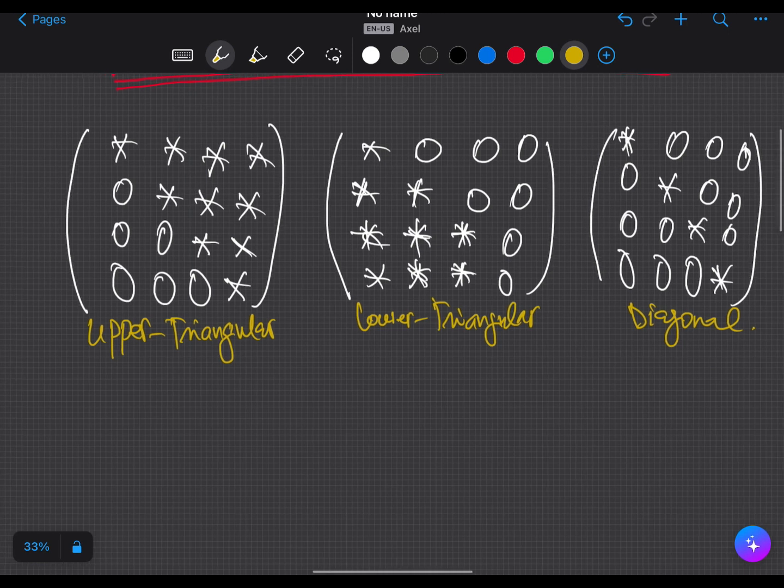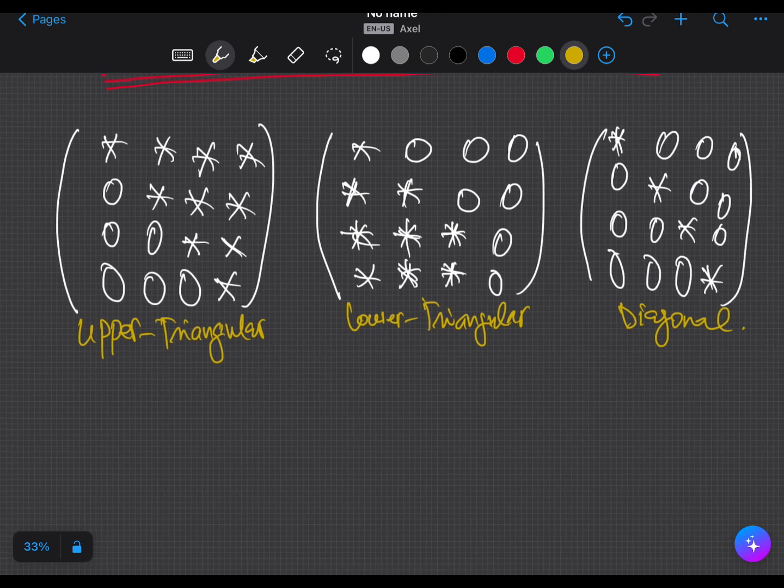Now, a square matrix is called upper triangular if its non-zero entries all lie above the diagonal.